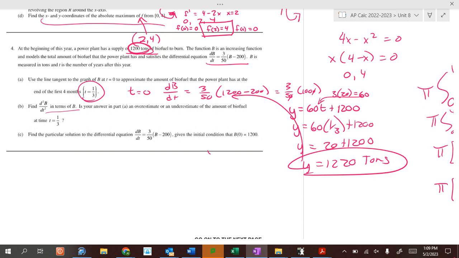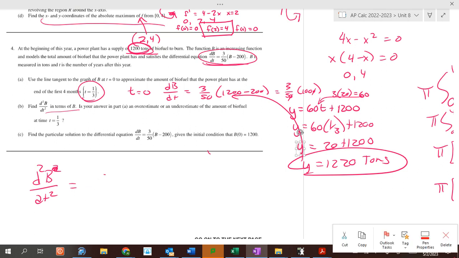Then we're supposed to find the second derivative of this. So the second derivative, d squared B over dt squared, equals basically 3/50.